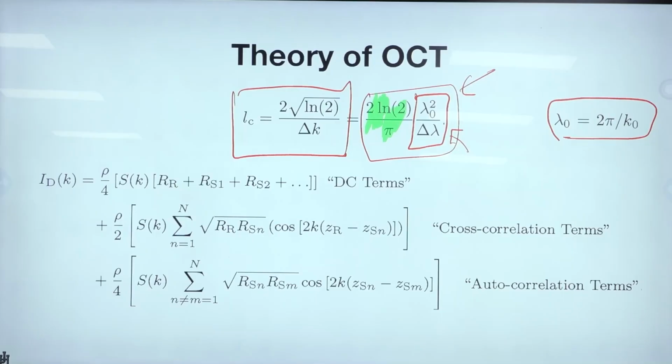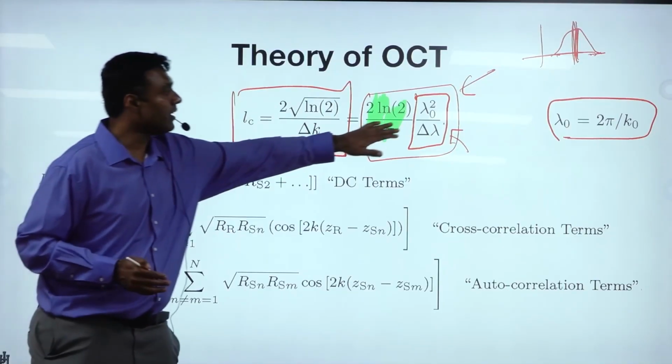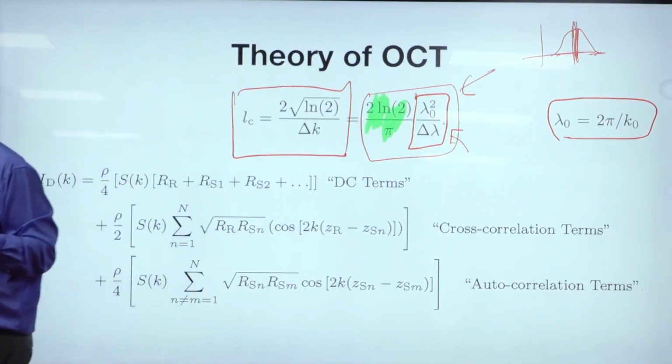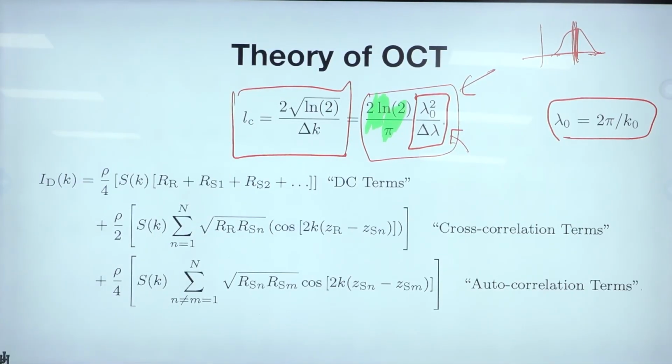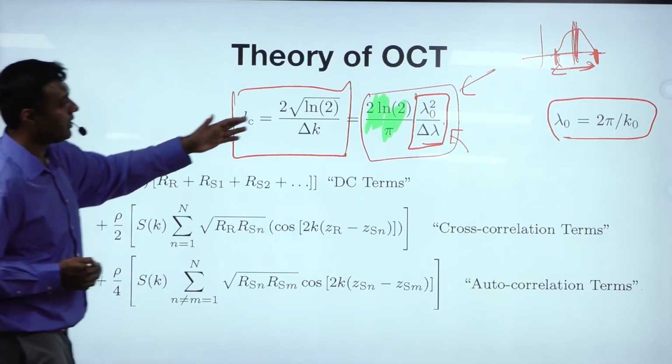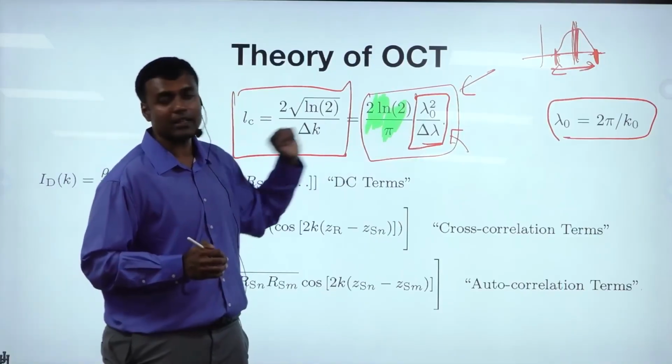Let's say you have a laser which has a range of wavelengths. If you choose the middle wavelength, that's called the central wavelength. So that is lambda naught, and the resolution depends on lambda naught squared, and delta lambda is the range of wavelengths in your source. So, lambda naught squared divided by delta lambda.